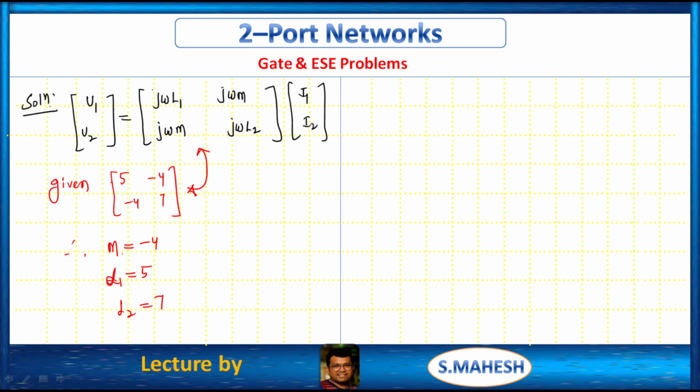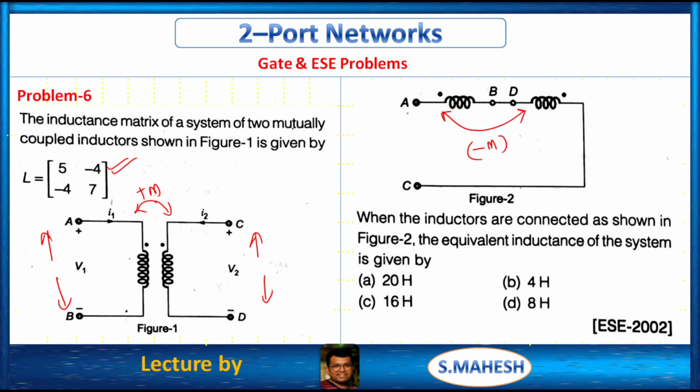Therefore we all know that L equivalent is L1 plus L2 minus 2M. Why is it minus 2M? Because we got the information from figure 1, that L1 is 5, L2 is 7, M is nothing but minus 4.